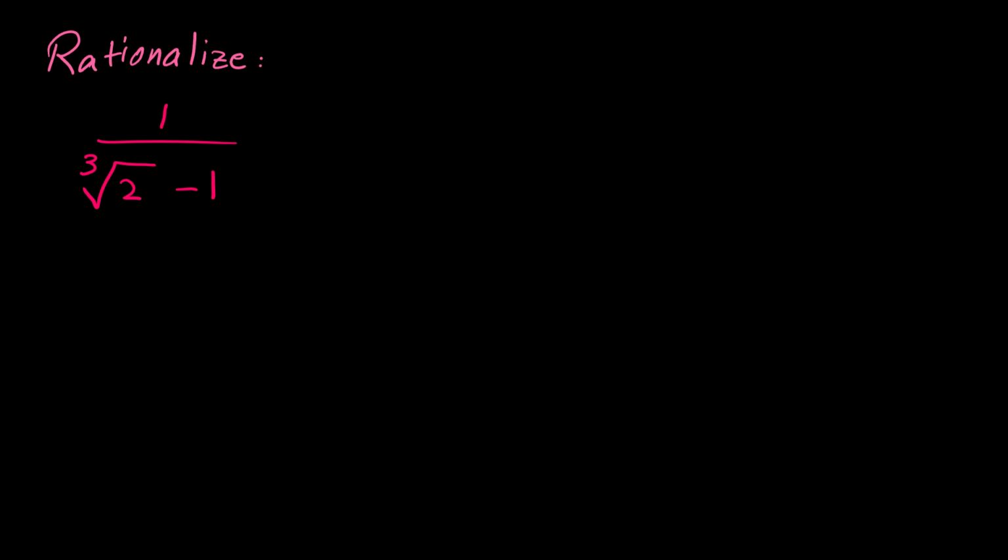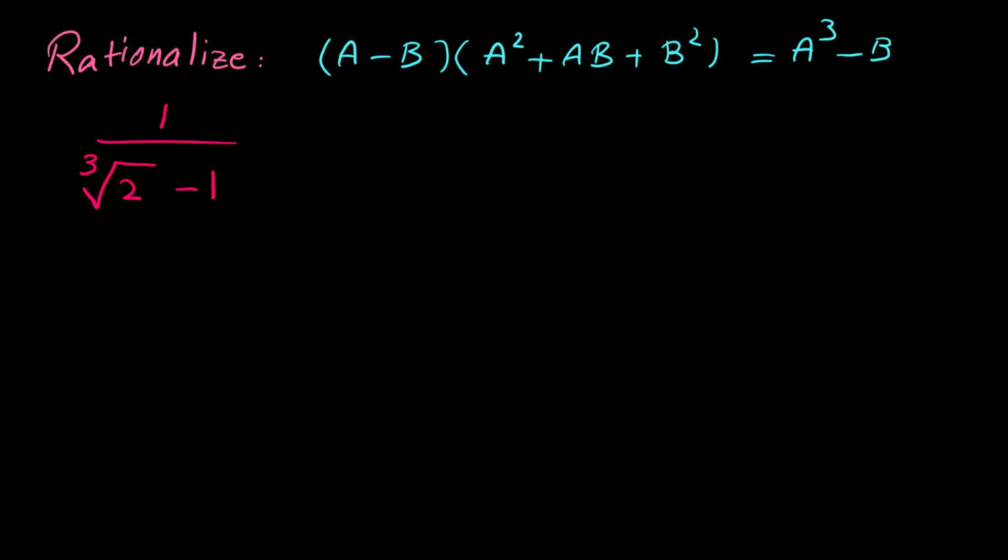Here we need to remember this special formula: a minus b times a to the 2 plus ab plus b to the 2 is a to the 3 minus b to the 3. If you pay attention, this formula is similar to the formula that we had in the previous example, but in that formula there was a plus, because it was a to the 3 plus b to the 3, which was equal to a plus b times a2 minus ab plus b to the 2.